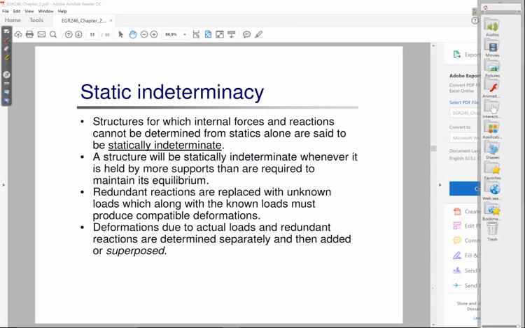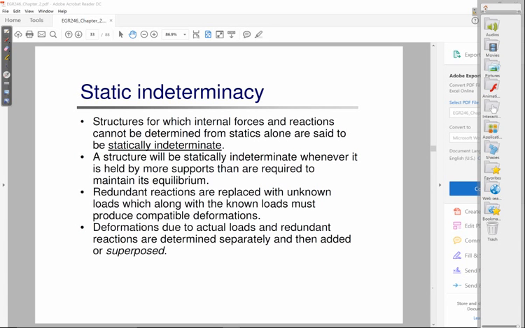Superpositioning says you can look at one force at a time, determine what each force does to your structure separately, and then add all the separate effects together to find the overall effect on your structure. You can apply this whenever Newtonian mechanics applies, and that means pretty much everything we're going to be doing in mechanics of materials.